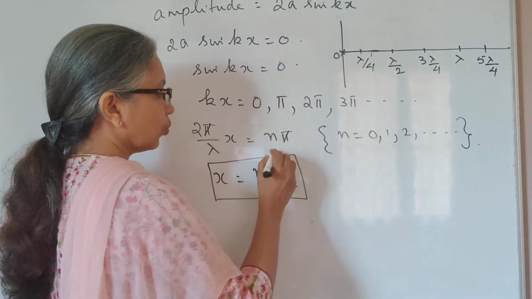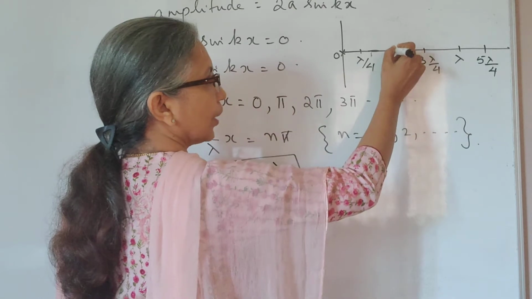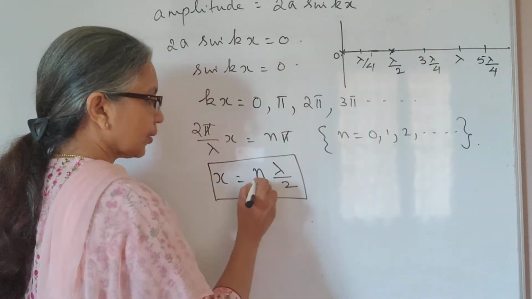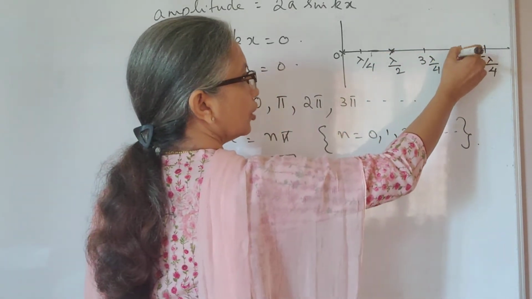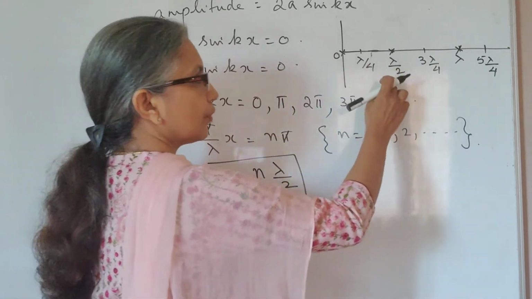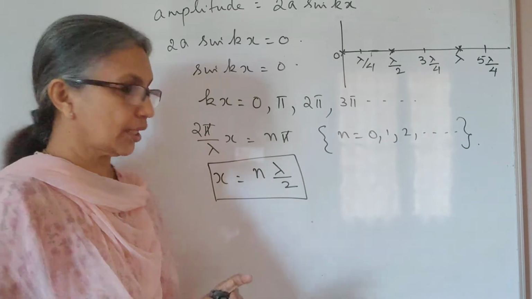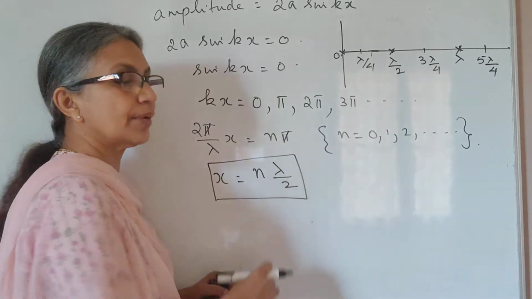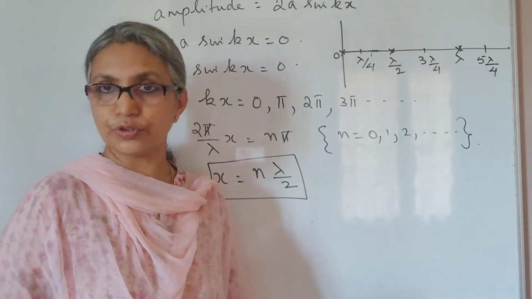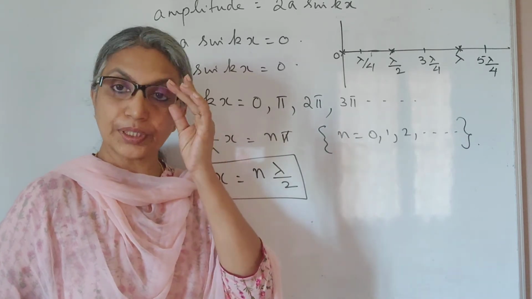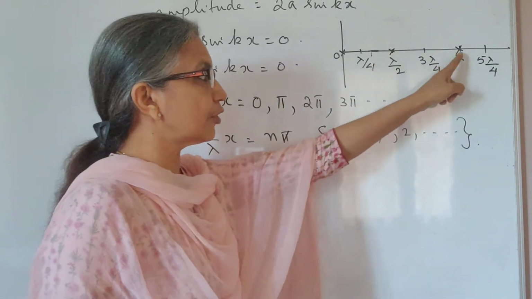Then if I substitute 1 here, we have lambda by 2, again a position of node. If I substitute 2 here, that's again a node. So we have 0, lambda by 2, lambda and so on. 3 lambda by 2 are all nodes. Every integral multiple of lambda by 2 are positions of nodes, stationary, which means these particles never oscillate.